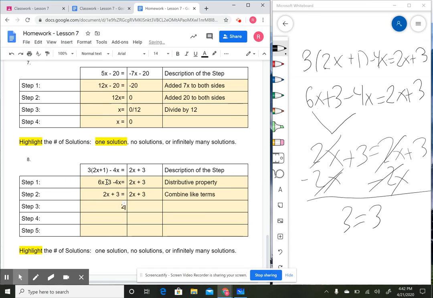Then I'm going to subtract 2x on both sides. And we get 3 equals 3. So this is a true statement. That's going to be infinitely many solutions. So I'm going to highlight that one.